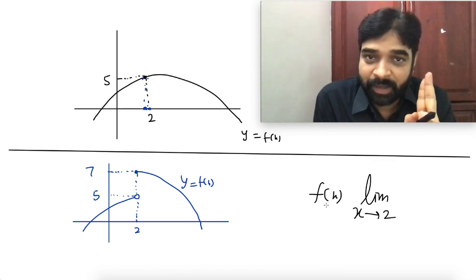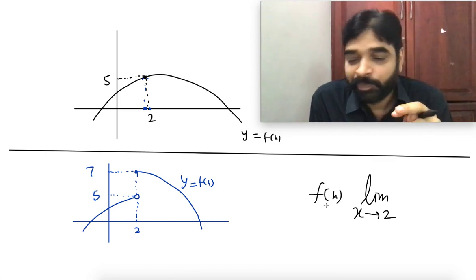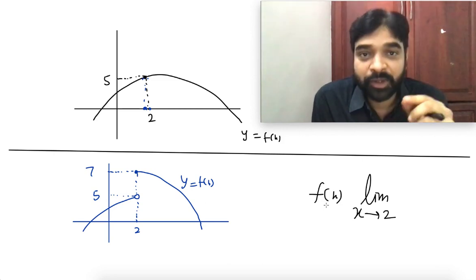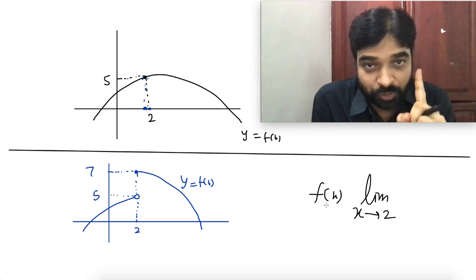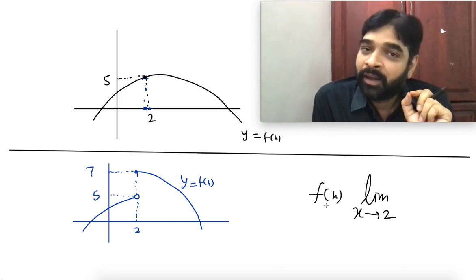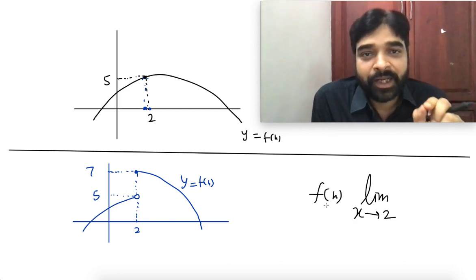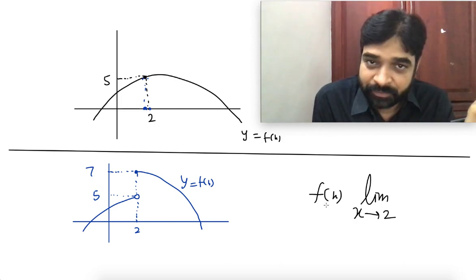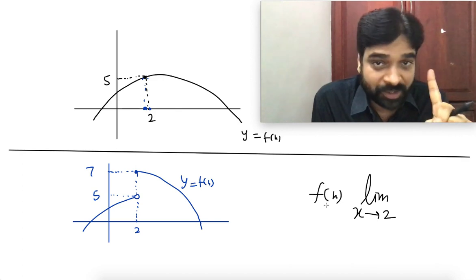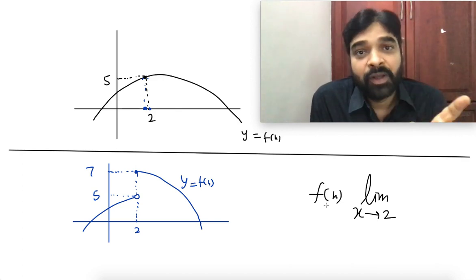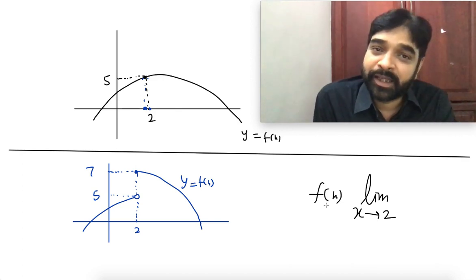Listen to my two statements. When x is very near to 2, what is f(x)? First statement. Second statement: what is f(x) when x is near to 2?